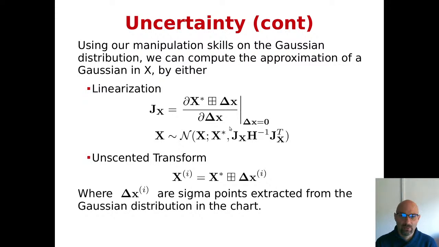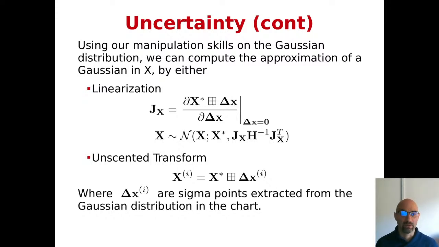We derive it with respect to delta x equal to 0, and then we calculate a normal distribution whose mean is x star, because the optimum doesn't move, and whose covariance matrix is obtained by projecting the covariance matrix through the Jacobian of the transfer function, which is just a box plus. And this is standard, well-known things that stem from the Gaussian manipulation.